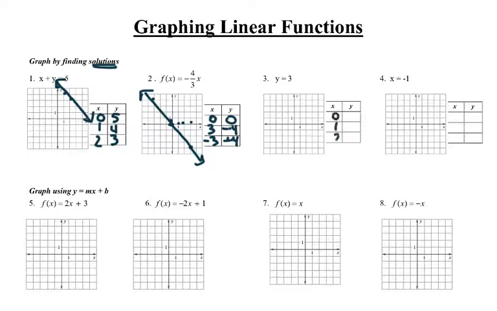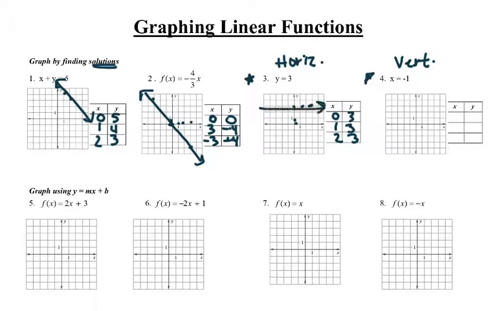Again, this is a special one, 3 and 4, and you remember from Algebra that these are horizontal and vertical lines. Sometimes I even like to write that this is going to be horizontal and this is going to be vertical. I can still pick any numbers for x in number 3, but the y value is always, always, always 3. So I have 0, 3, 1, 3, 2, 3.